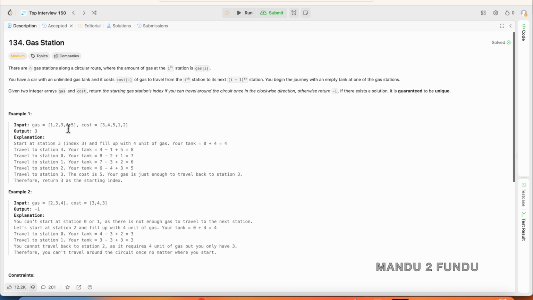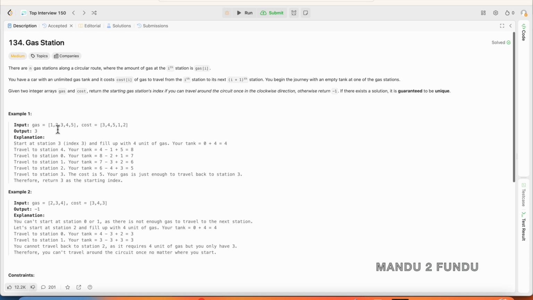From here, if we spend 1 unit of gas, the remaining is 3, and we move to the next station, and from there we move to the first station after spending 2 units. So there we have an additional 3, totally 6 units of gas. Then from 1 to 2, when we move, we have to spend 2 units of gas.